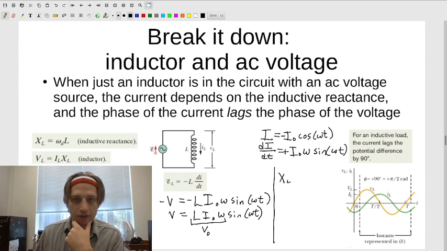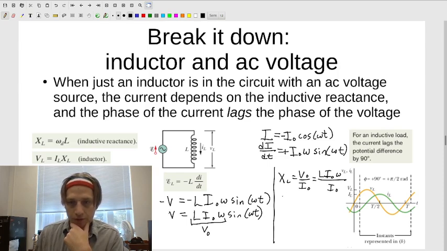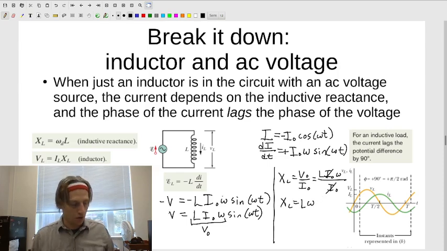Here's my XL: it would be L I naught omega over I naught. So my I naught cancels out, and XL is just L times omega.